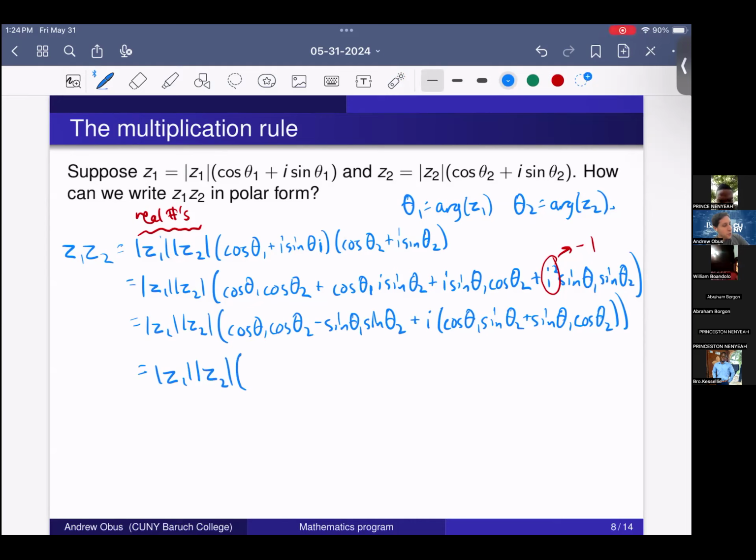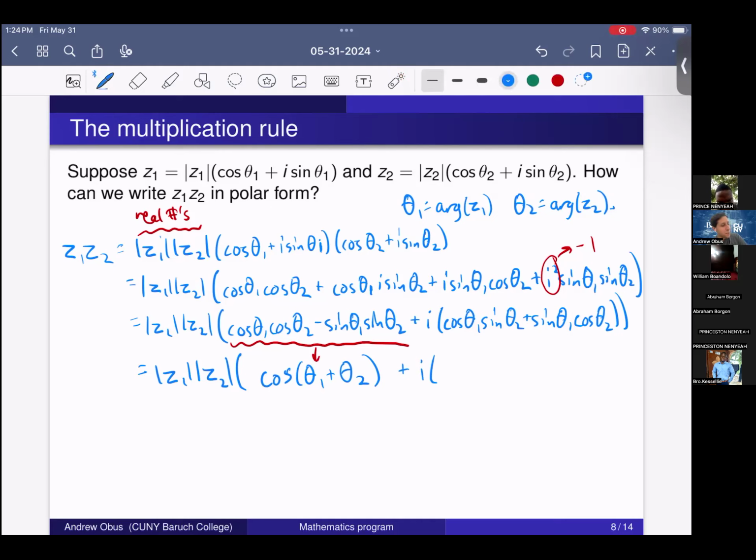So now we have to remember our trigonometric formulas. Remember, what's cosine theta 1 cosine theta 2 minus sine theta 1 sine theta 2? This turns out to just be cosine of theta 1 plus theta 2, right? This is one of these trig identities that we had. And similarly, we have cosine theta 1 sine theta 2 plus sine theta 1 cosine theta 2.